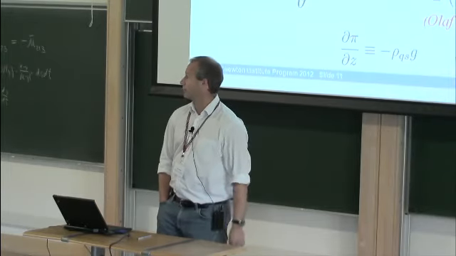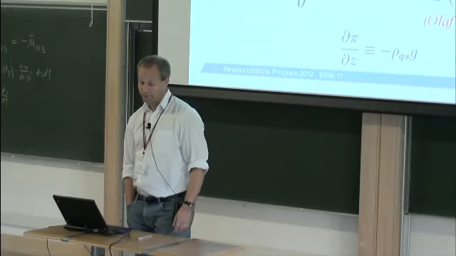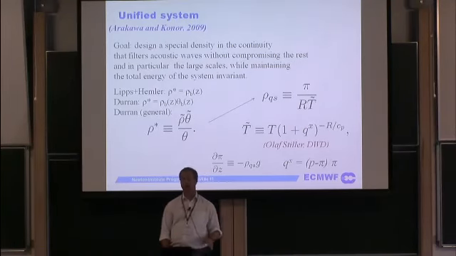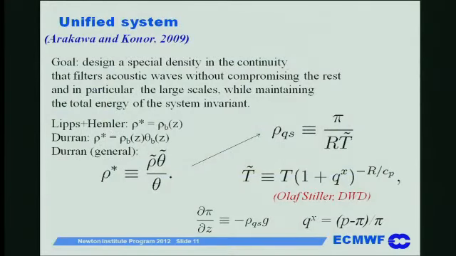So now coming to this unified system of Arakawa and Konor. The goal really here is to design a special density in the continuity equation that filters acoustic waves without compromising the rest, and in particular the large scales, while maintaining the total energy of the system invariant. So Lipps and Hemler did this by introducing a background density that just depends on the vertical.